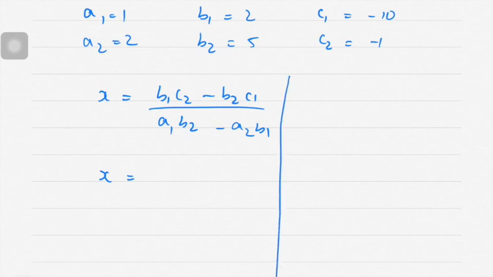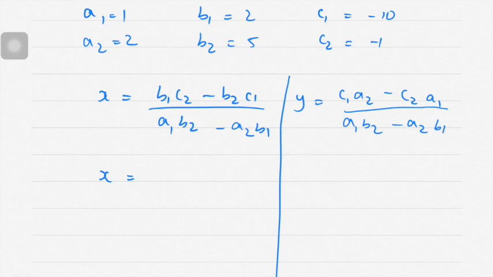When you substitute it, it will become x is equal to, I'll write y here only. y is equal to C1 A2 minus C2 A1 upon A1 B2 minus A2 B1.